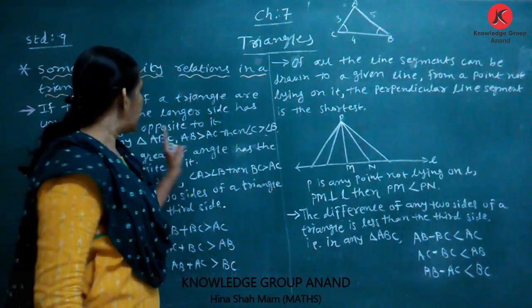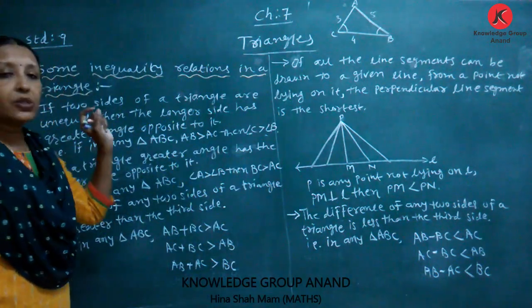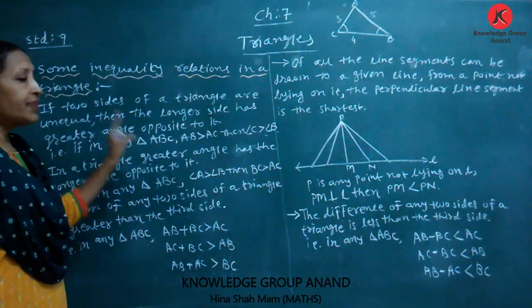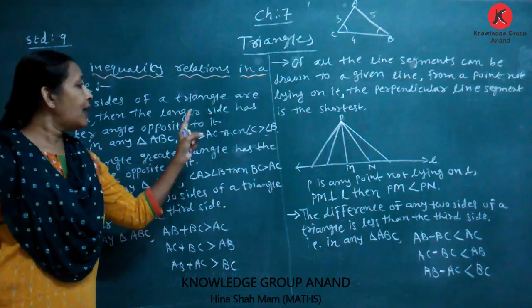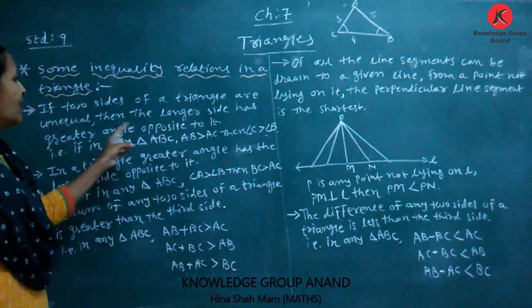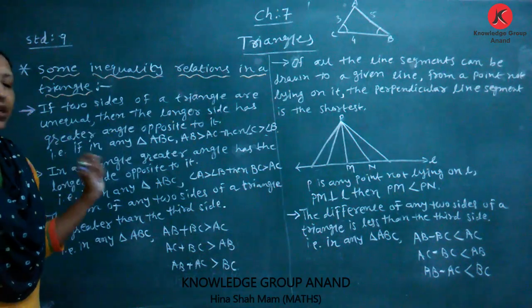Clear? First number: if two sides of a triangle are unequal, then the longer side has the greater angle opposite to it.